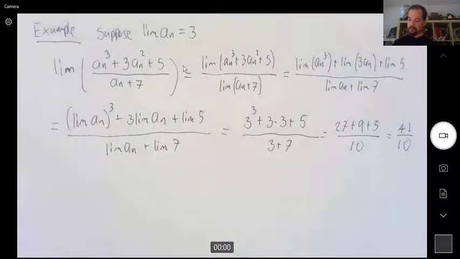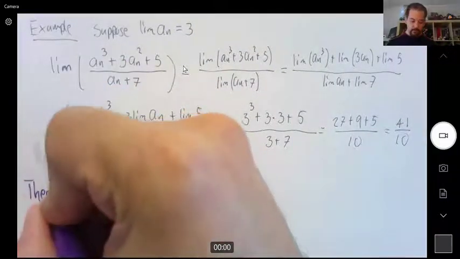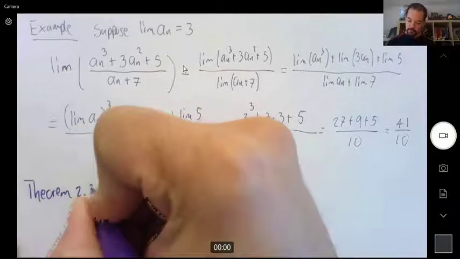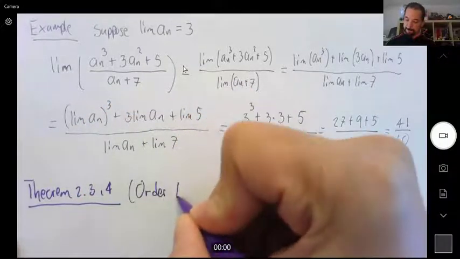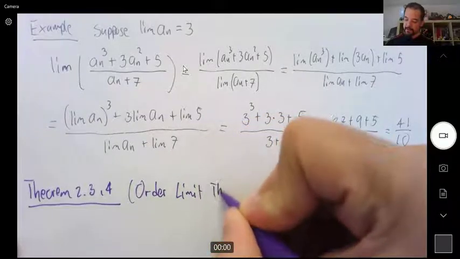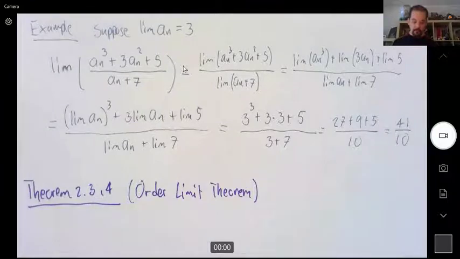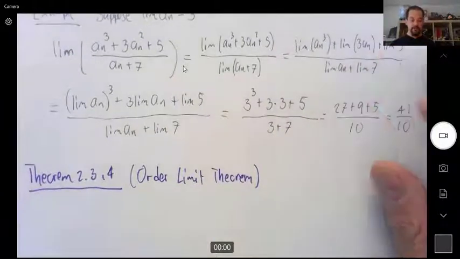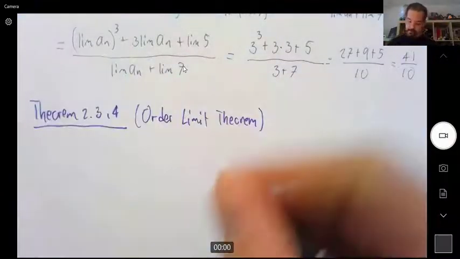Next order of business is this other theorem, Theorem 2.3.4, which is called the order limit theorem. It will also be quite important, right? How is the order among real numbers preserved or not, depending on the limits? And it turns out that it is preserved. So this is what it says.